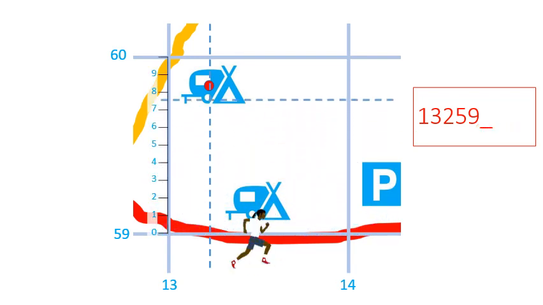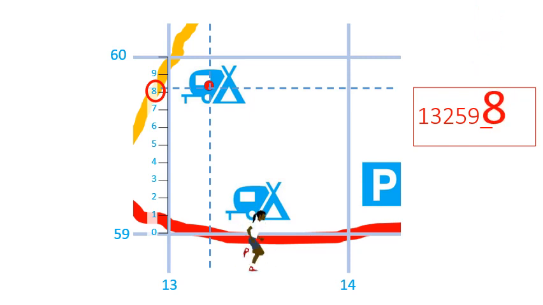We place our grid on, and in this case we're about 8 tenths of the way up. And so we add our final number, 8, into our sequence. So the six-figure grid reference for this point on the map is 132598. We don't put this reference in brackets and we don't put any commas between the numbers.